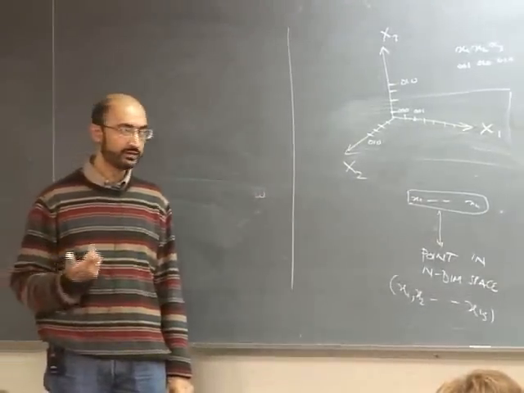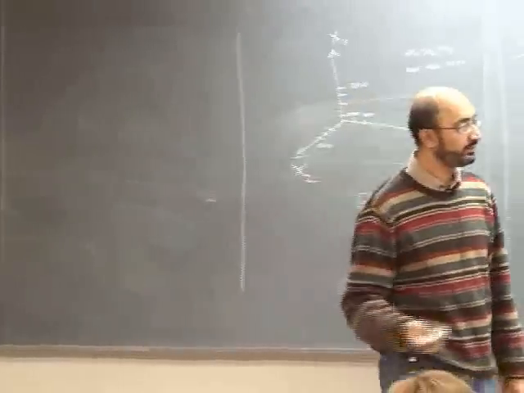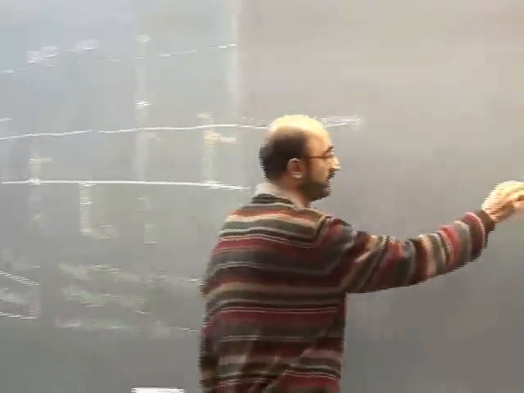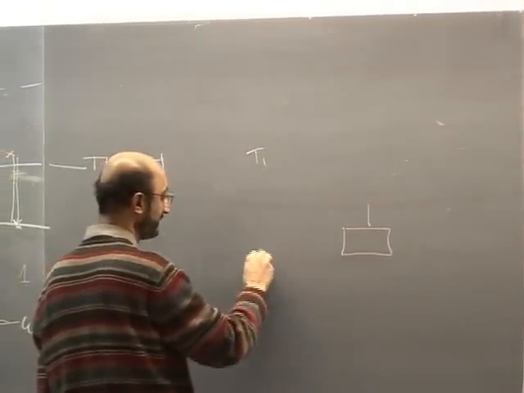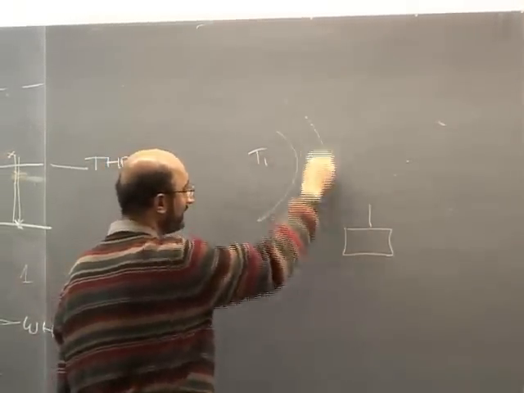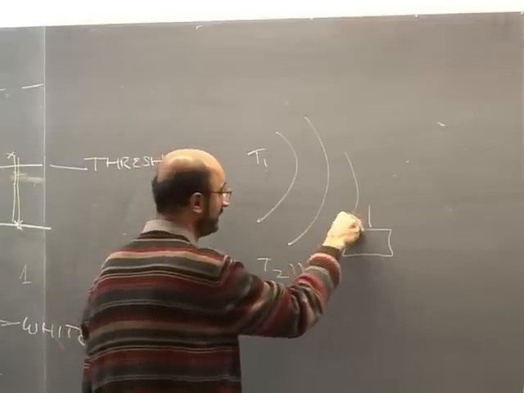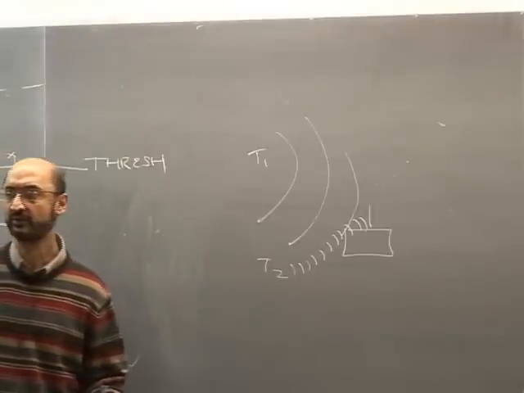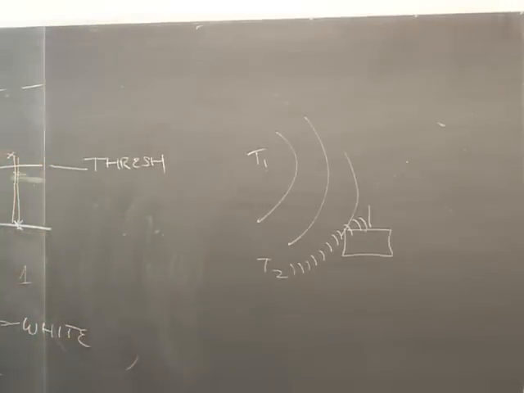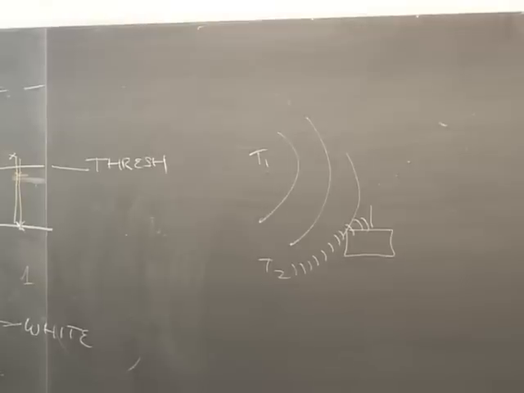That's the first reason. The second reason has to do with wireless channels, where I have a wireless antenna on some receiver, and I have some transmitter T1 and transmitter T2. If this one is blasting away with very large amplitude, and this one has small amplitude, even though it is further away, it's going to cause interference at the receiver, and the receiver is not going to be able to decipher things.